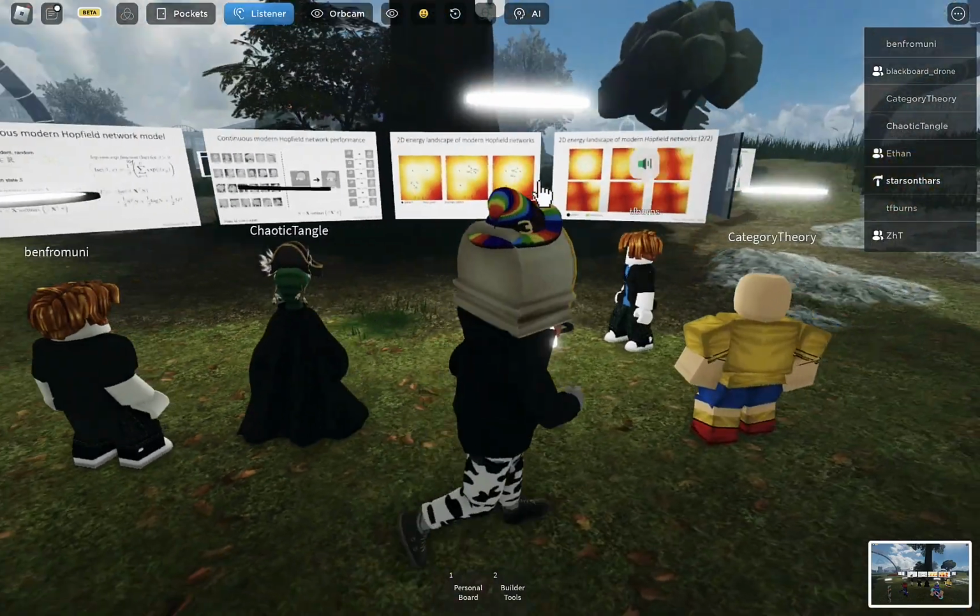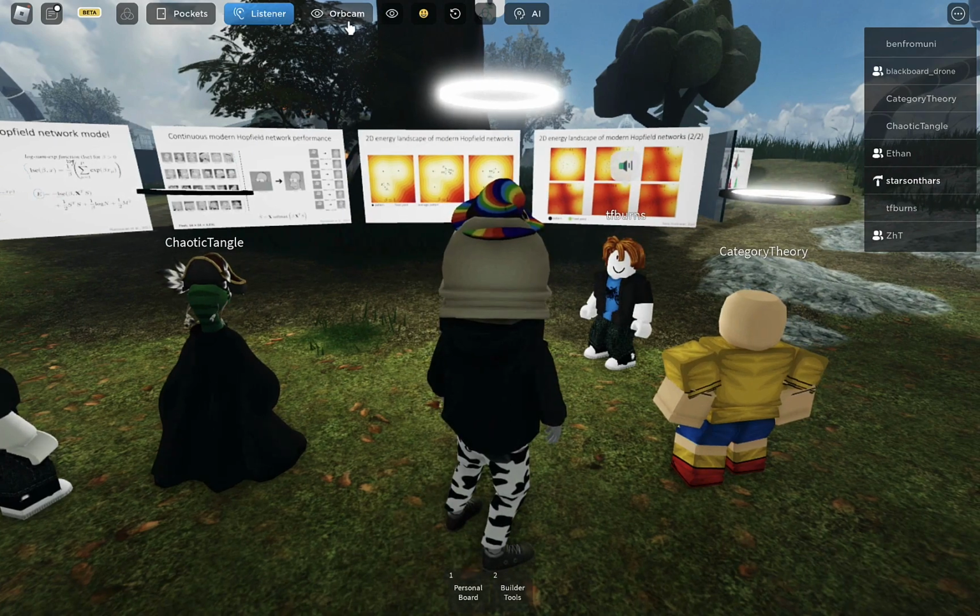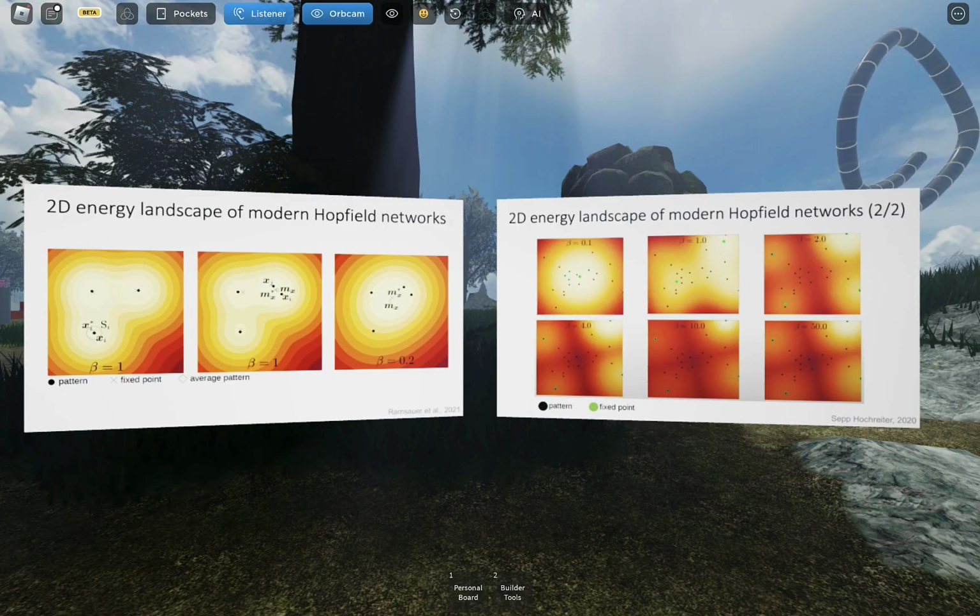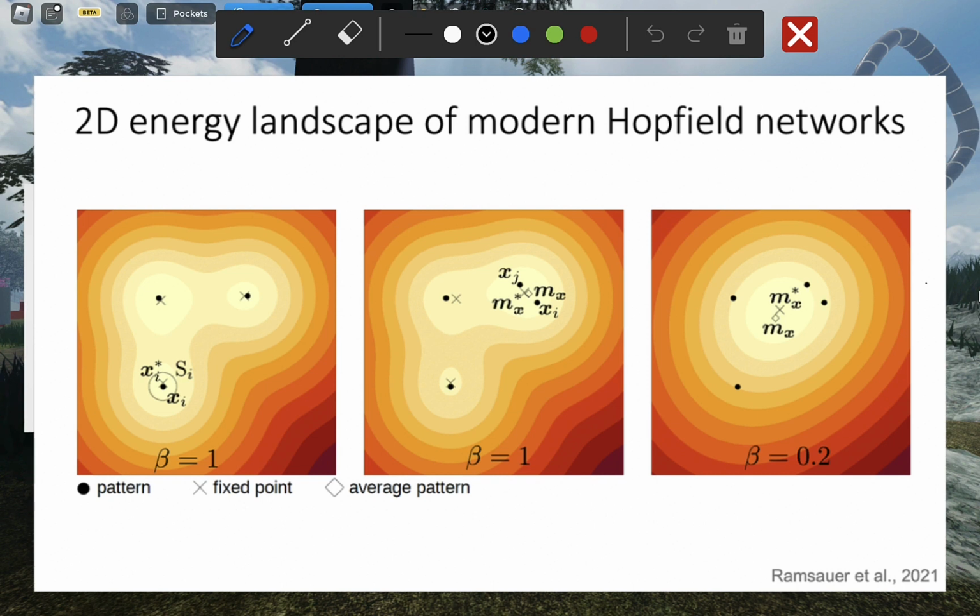Let's see. Yep. So this interpolation between memory patterns, what do I mean visually speaking, and also potentially neuroscientifically? Well, on the left here, the 2D energy landscape, you can think of there being these deep valleys.